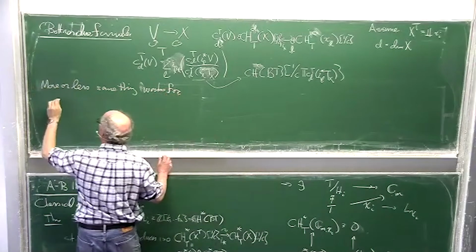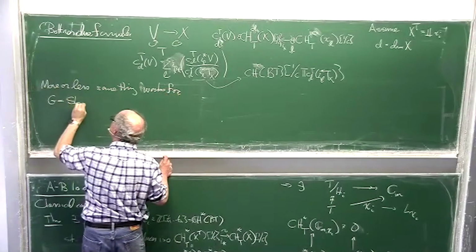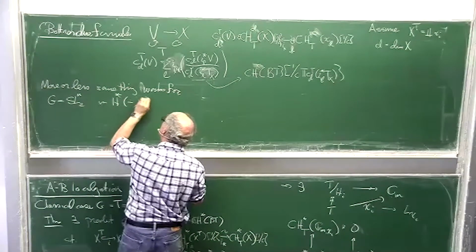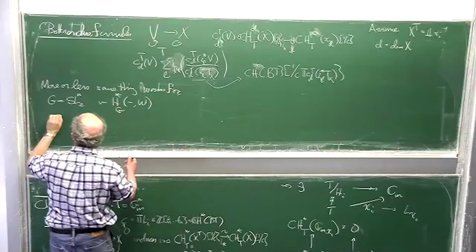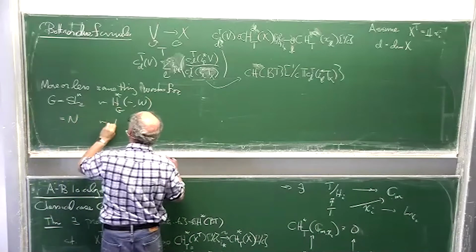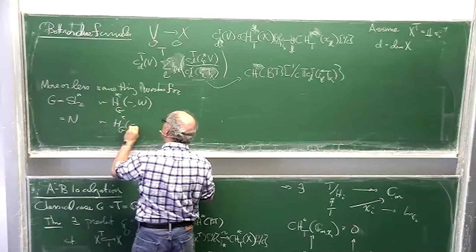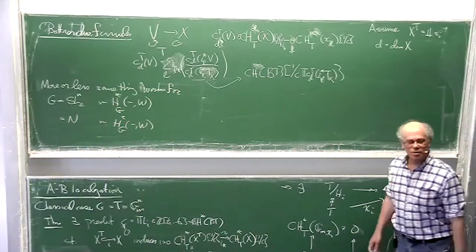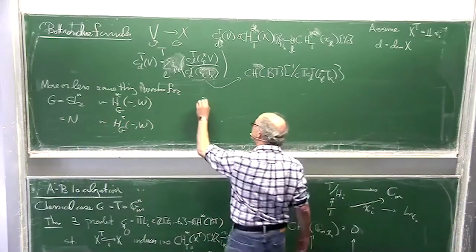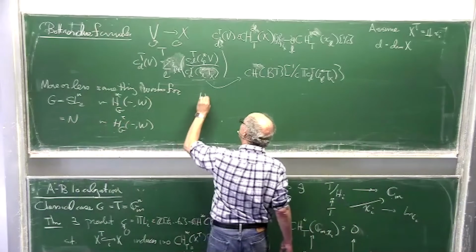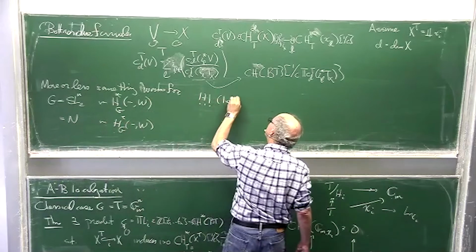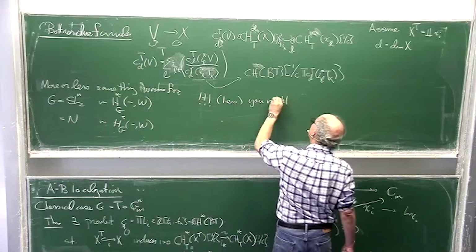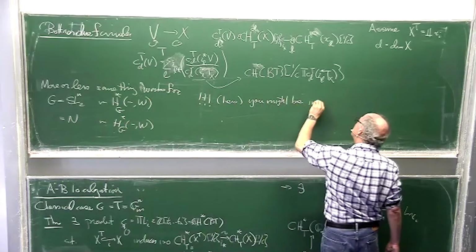For G equals N. Homology or G equals N. Okay, so the problem comes from the following. There's a warning: this might bring trouble.